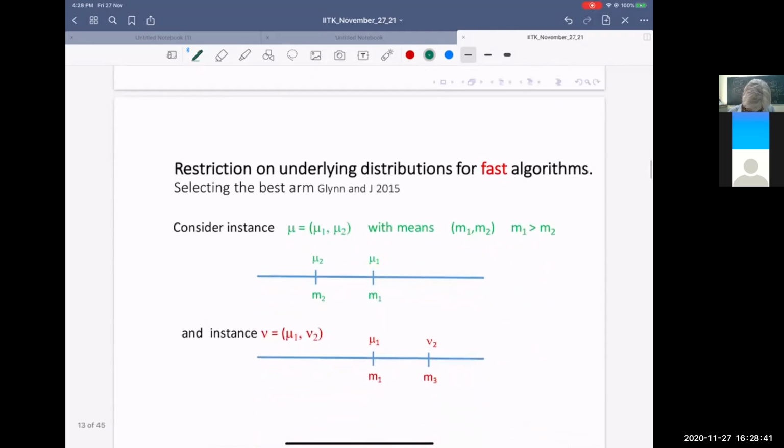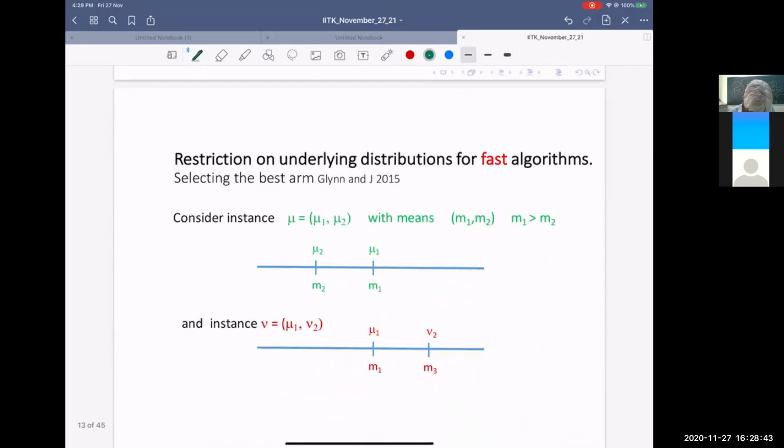So, restriction on underlying distribution. Consider 2 arms. These are two probability distributions with means M1, M2, M1 greater than M2. Suppose a delta correct algorithm is going to look at these two arms and, after generating samples, conclude that arm 1 has the largest mean with at least probability 1 minus delta, because it does have the largest mean.